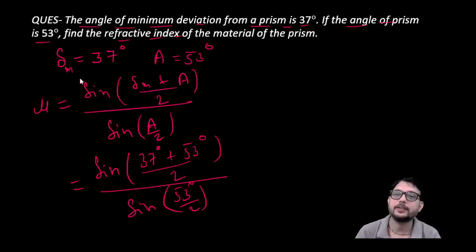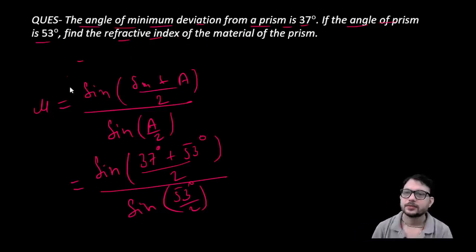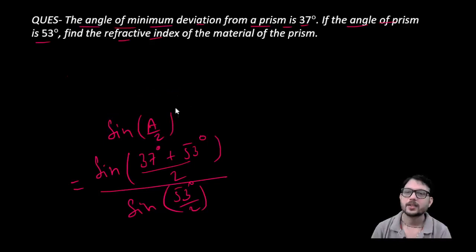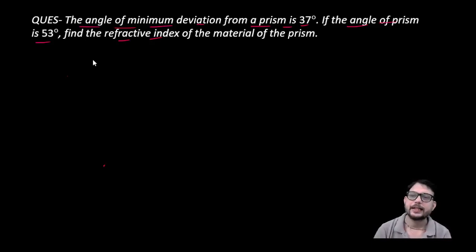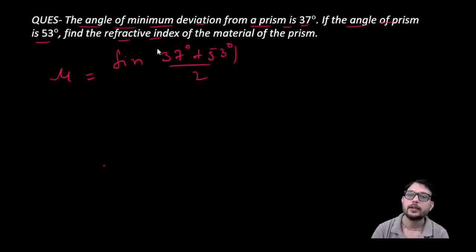What do we get? Firstly we will rough it. Mu equals sine of (37 degree plus 53 degree) by 2, divided by sine of 53 degree by 2.